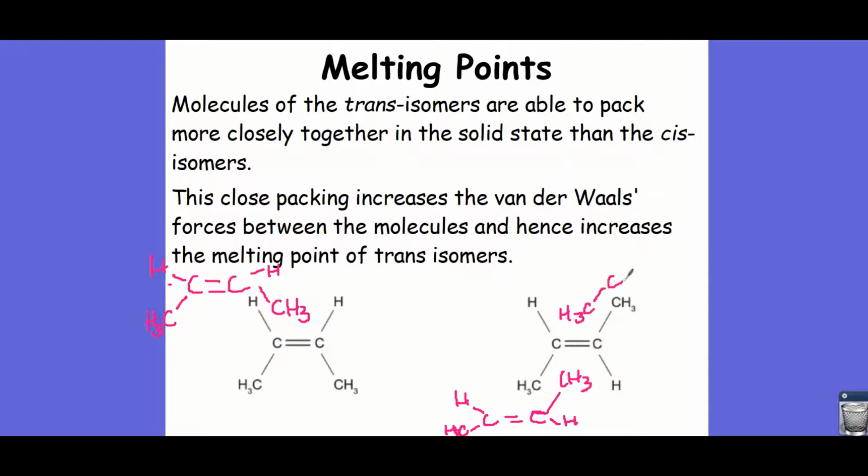So because there's much tighter packing of the molecules, we can form more intermolecular forces when there's a trans isomer compared to when there is a cis isomer. And because it's easier to close pack, because there are more van der Waals forces, the melting point is higher.